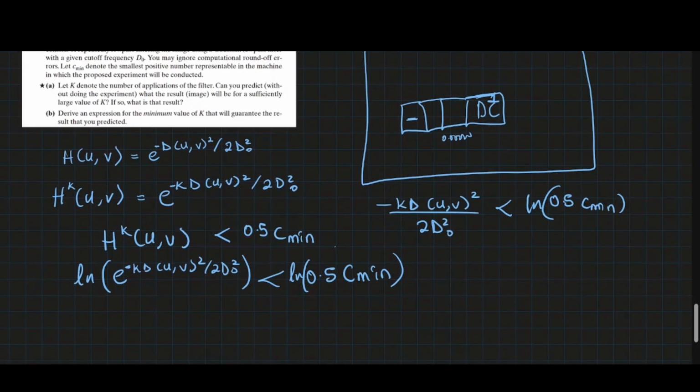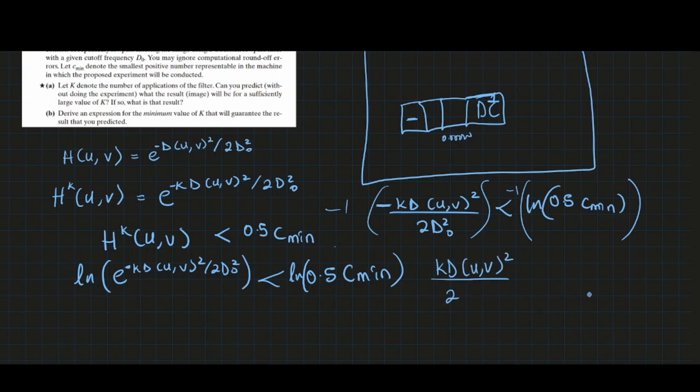Now I'm simply going to multiply both sides by -1 just to cancel out the minus in there. I don't want the minus to be where the k is. When you multiply both sides of an inequality by -1, the sign will flip. So it's going to be k D(u,v) squared over 2D naught squared, the sign is going to flip, greater than negative ln of 0.5 c-min.